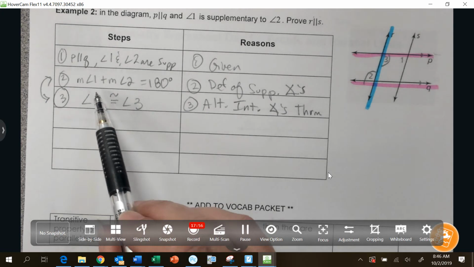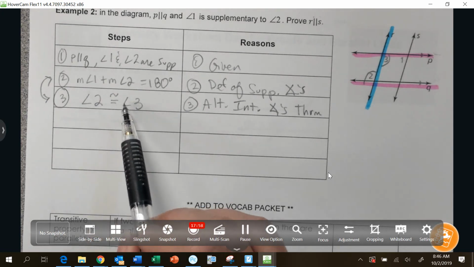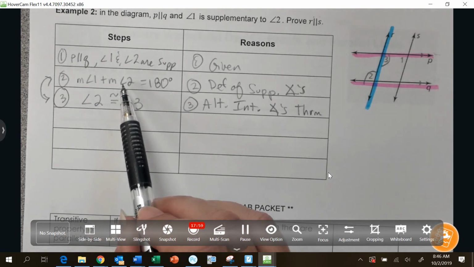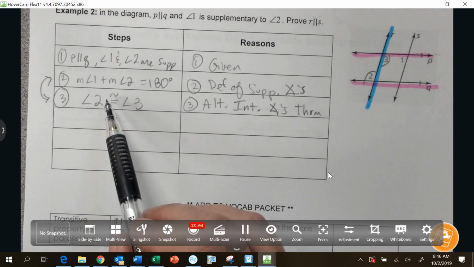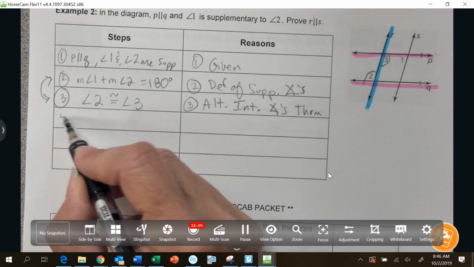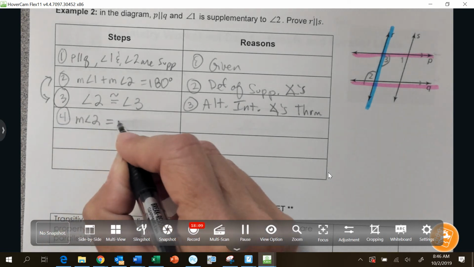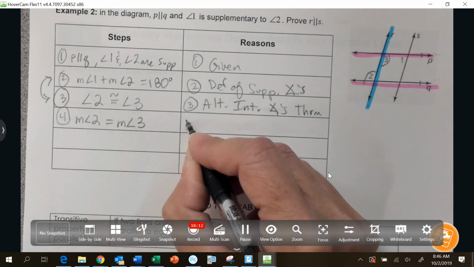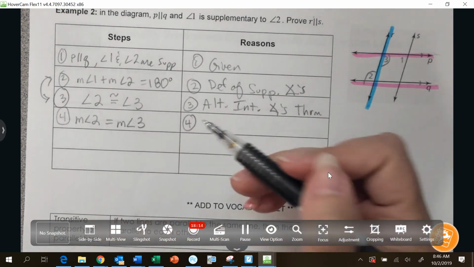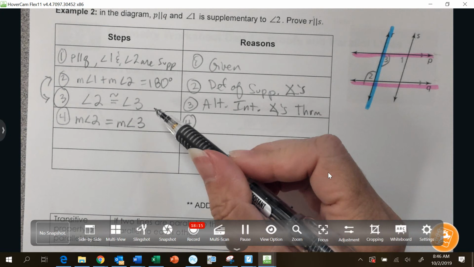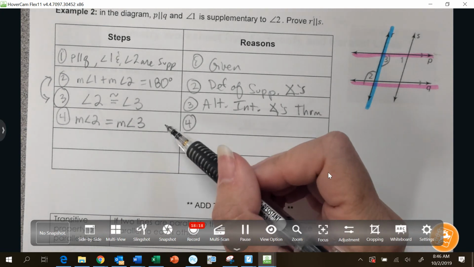Because right now this is angle 2 congruent to angle 3. Up here this is a measurement of angle 2. So in order to switch them out, I need to go to step 4 and say that the measurement of angle 2 equals the measurement of angle 3. What tells me I can take congruence and change it into equal?